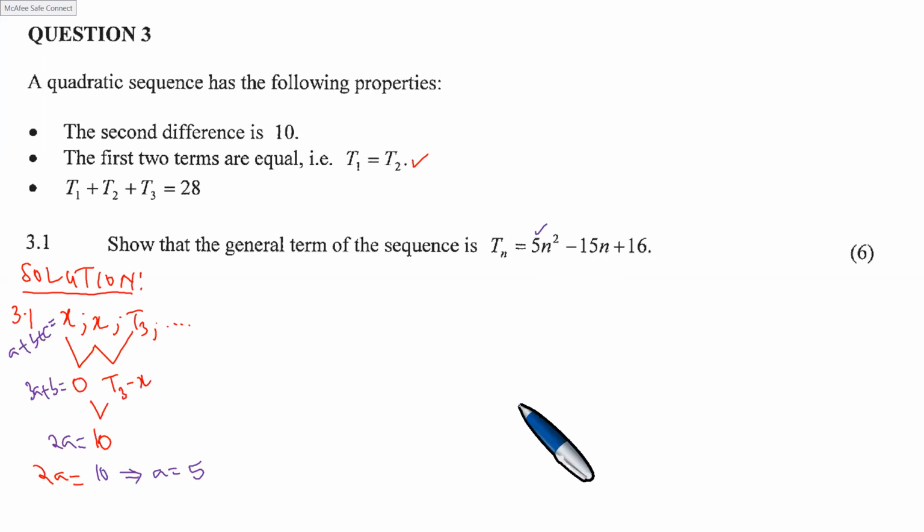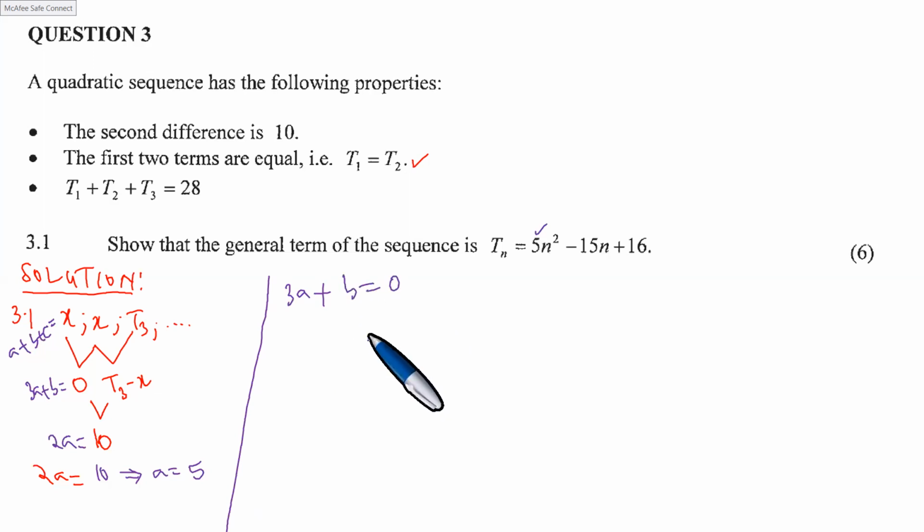We continue. At this point we have 3a plus b equals 0.